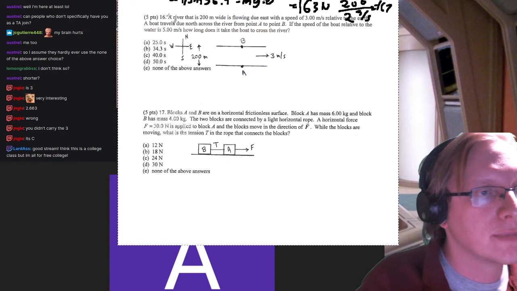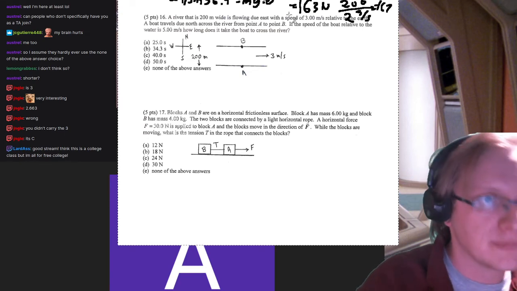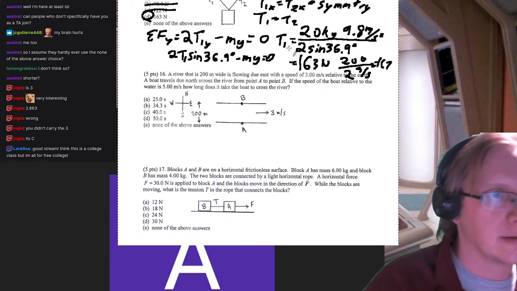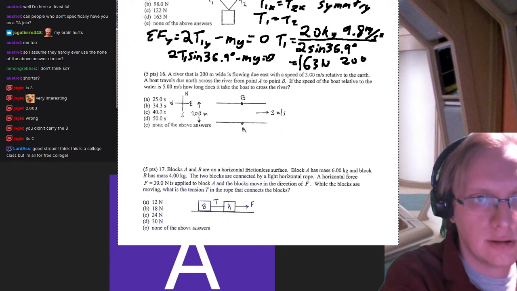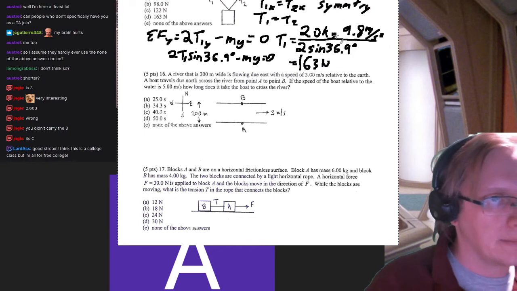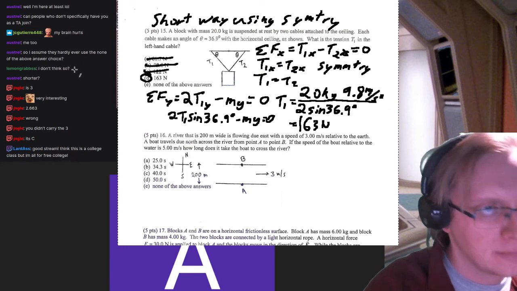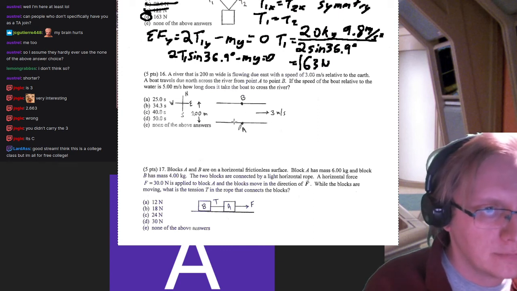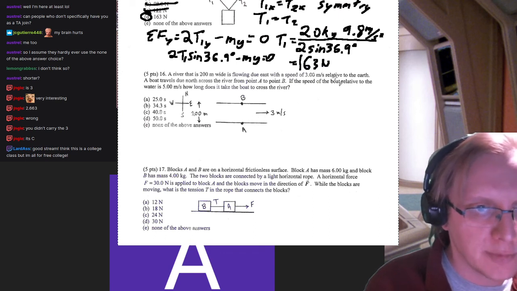All right. A river that is 200 meters wide is flowing due east with a speed of 3 meters per second relative to the Earth.